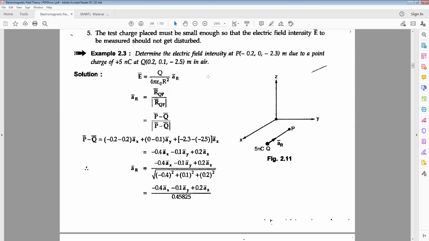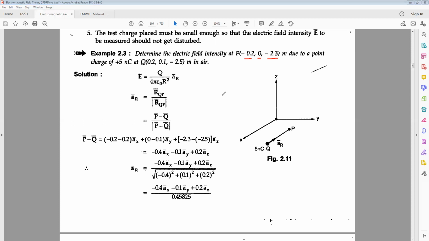Now in the third example, they're asking to determine the electric field intensity at P, located at minus 0.2, 0 and minus 2.3 meters, due to a point charge of plus 5 nanocoulombs at 0.2, 0.1 and minus 2.5.